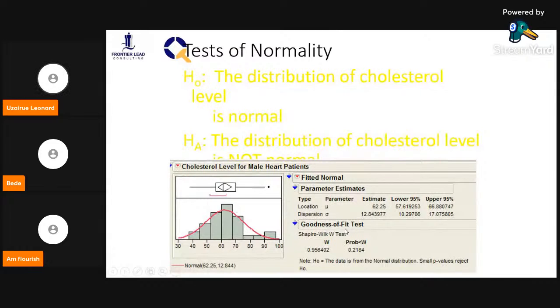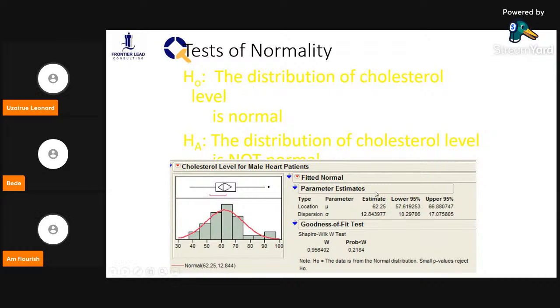Then we also come and check the goodness of fit. And see that the p-value is 0.218, which is greater than 0.05. So in this case, we are going to accept the null hypothesis, which states that the distribution of cholesterol level is normal.